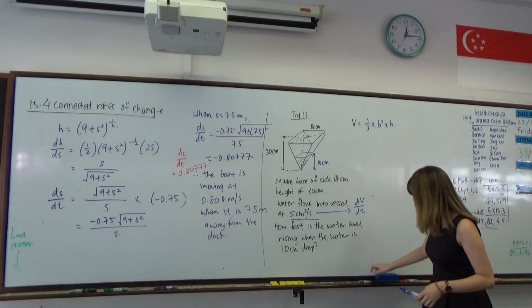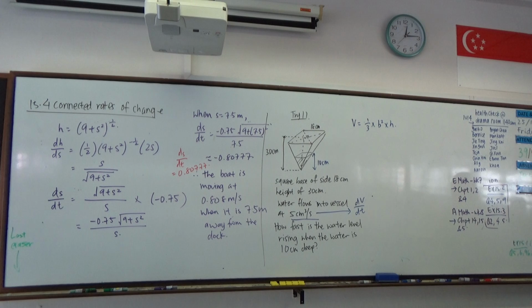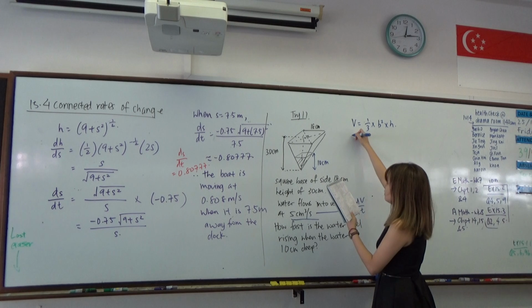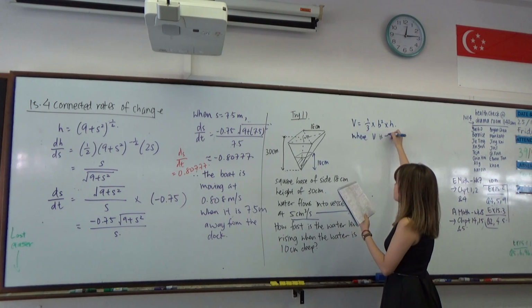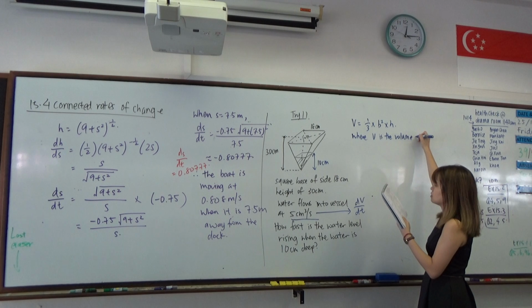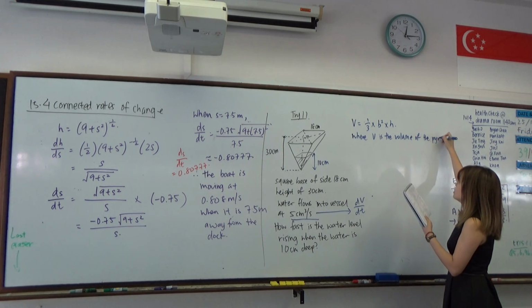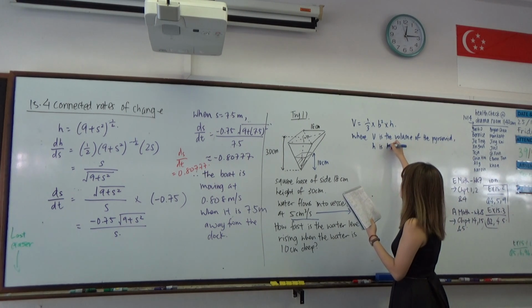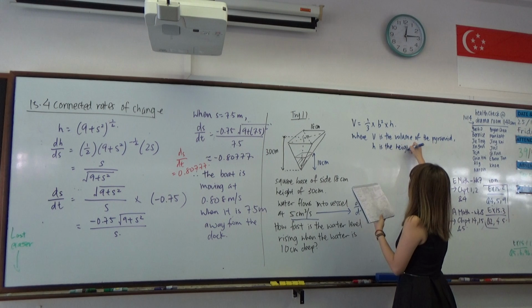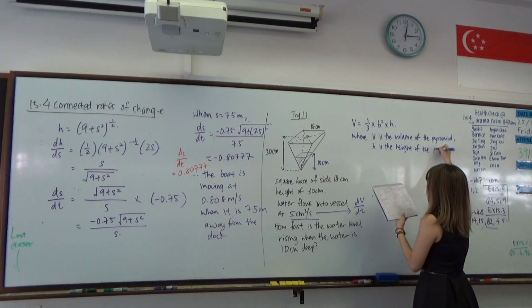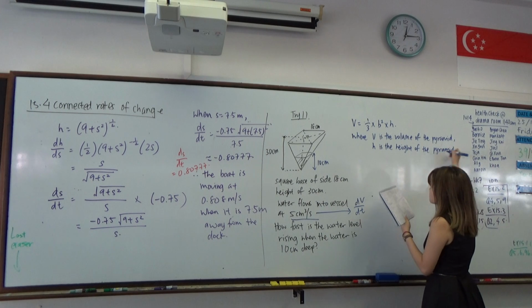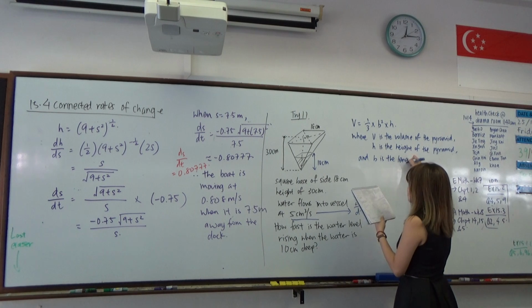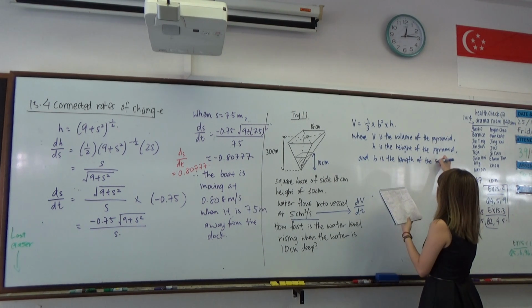Okay, so we will define all this, where V is the volume, H is the height, and D is the length of the square base.